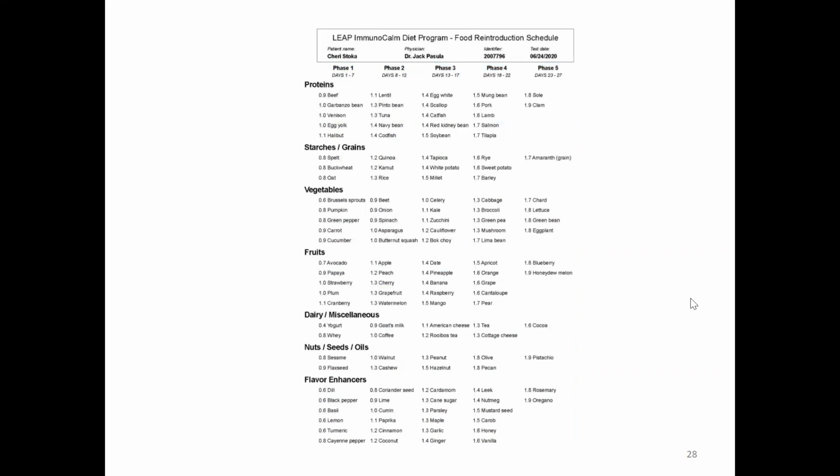This page here actually puts a numerical to the reaction to the actual food. So you can see phase 1, all of these items that are listed here, they have this numerical. And what might be confusing for people is that in phase 2, you may have some numericals that are actually lower than phase 1.